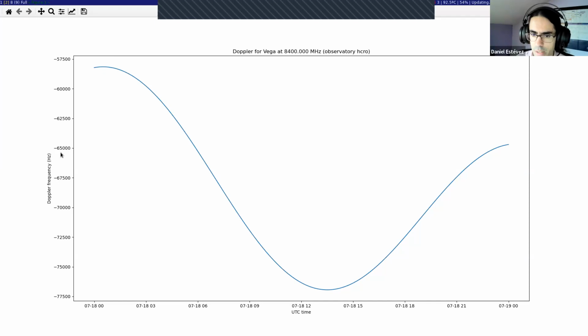What happens is that currently, because of where Vega is in the sky and where the Earth is in its yearly orbit around the sun, the Earth is moving away from Vega. So we have this minus 650 kilohertz. And on top of that, we have this sinusoid because of the Earth rotation. And the phase of the sinusoid will depend on the location of the radio telescope.